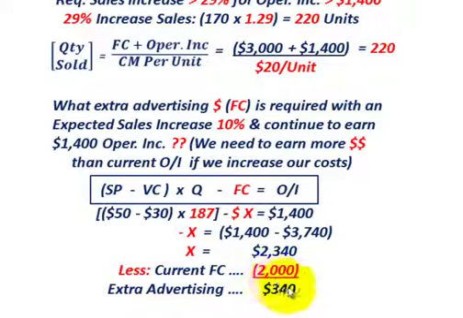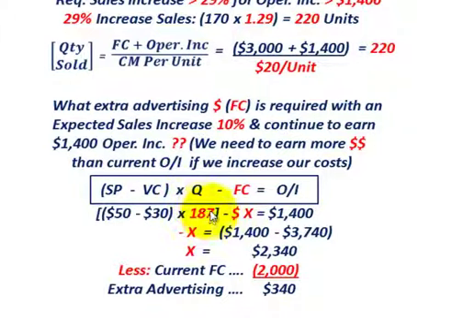That's just using simple algebra to determine what extra advertising is really justified based on that current operating income of $1,400. So going through your simple equation, in this case we have to figure out our total fixed cost based on that extra sales increase, our extra sales generated at 10% extra sales quantity of 187.